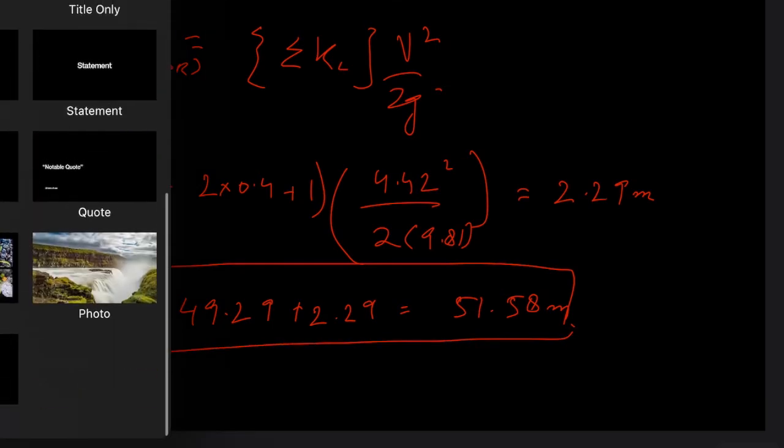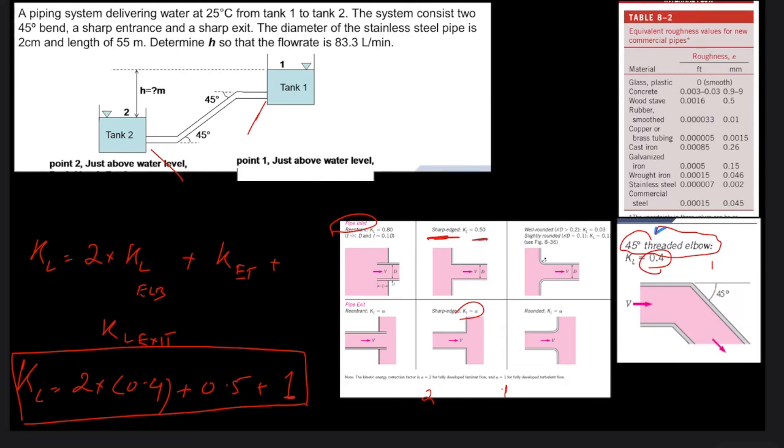Now in the question they are asking what this height is. They want to know the height of the tank which is below tank number 1, the height of tank number 2. So we are going to use the modified Bernoulli equation.